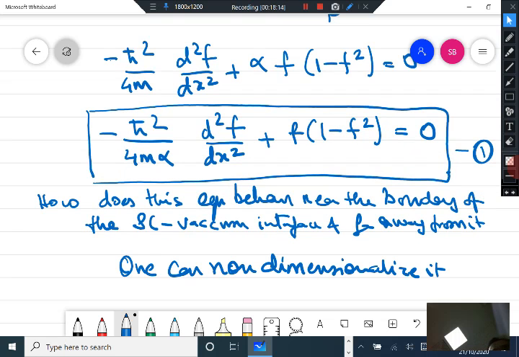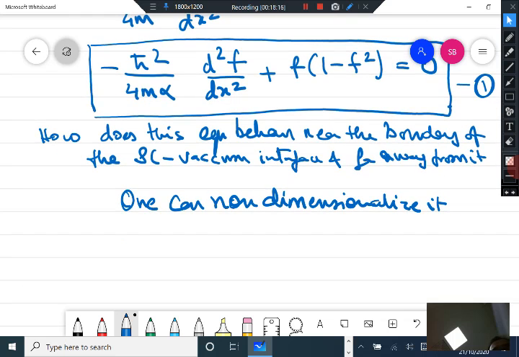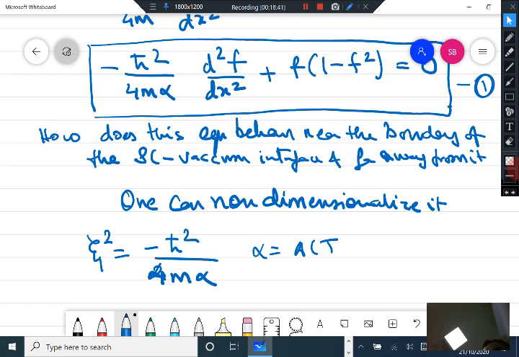Now you can non-dimensionalize it by defining a parameter xi square, which is minus h cross square by 4m alpha, where alpha is equal to a into t minus tc.